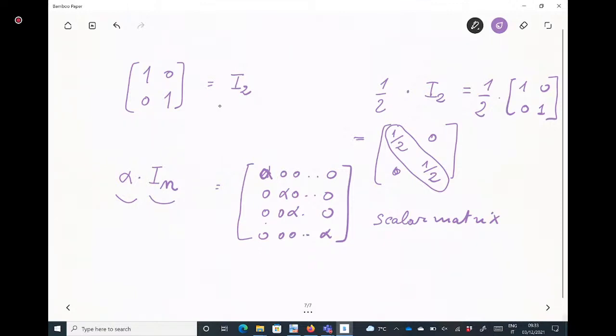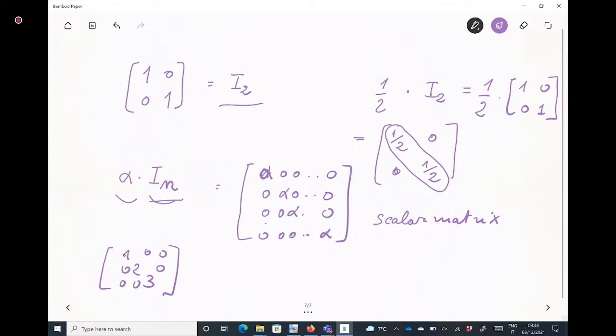So this is the identity matrix. A constant times the identity matrix is a scalar matrix. But now I may have simple structures similar to this one, but slightly more general. For instance, 1, 2, 3, 0, 0, 0, 0, and 0, 0. This is not a scalar matrix, but it is called diagonal matrix.